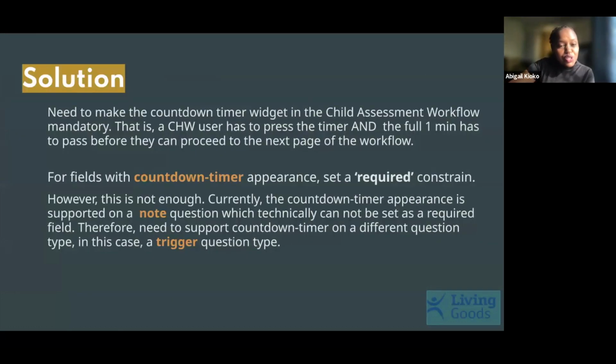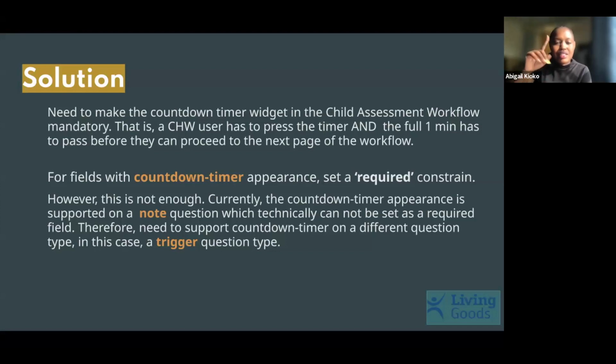And the solution. Yeah, so the solution after brainstorming with the team here at Living Goods and our partner Medic, a simple solution would be to, of course, make the countdown widget a required field. Yeah, so that you can have the CHW press on that timer and wait for the full 1 minute.